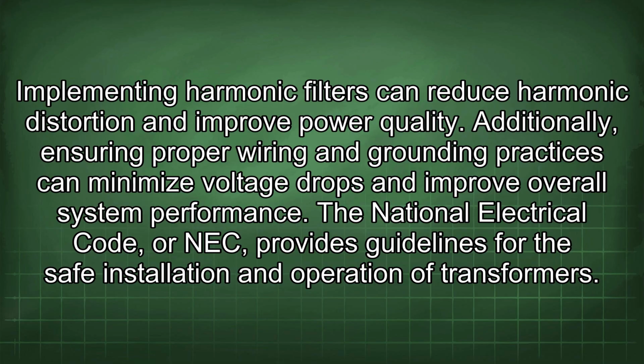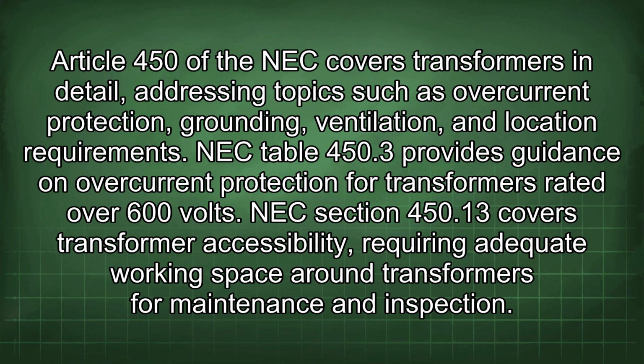The National Electrical Code, or NEC, provides guidelines for the safe installation and operation of transformers. Article 450 of the NEC covers transformers in detail, addressing topics such as overcurrent protection, grounding, ventilation, and location requirements.